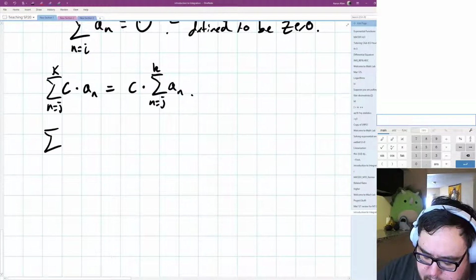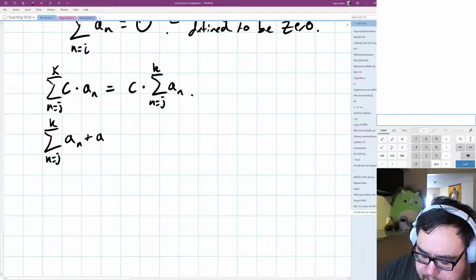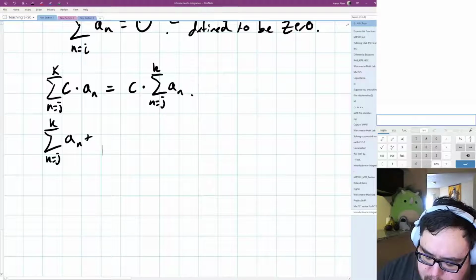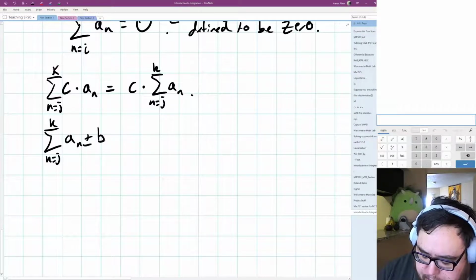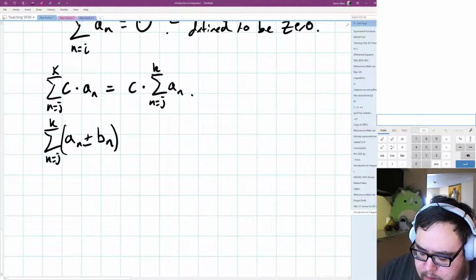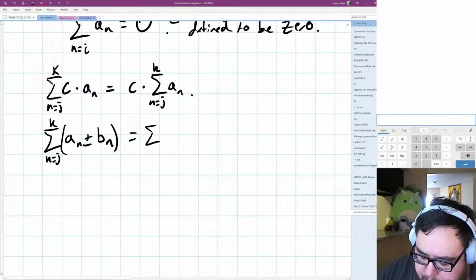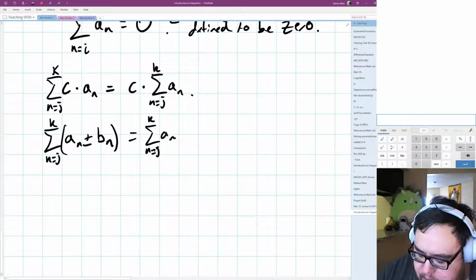Similarly, if we have the sum of two different sequences, a sub n plus or minus b sub n, then we can split those up. That'll be the sum from n equals j to k of a sub n plus or minus the sum from n equals j to k of b sub n.